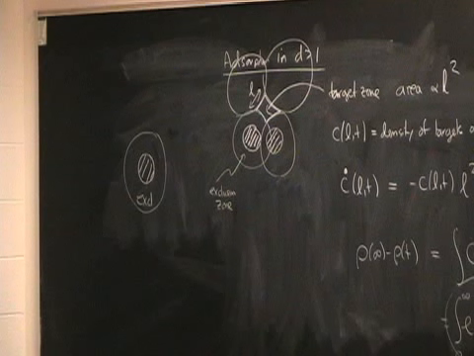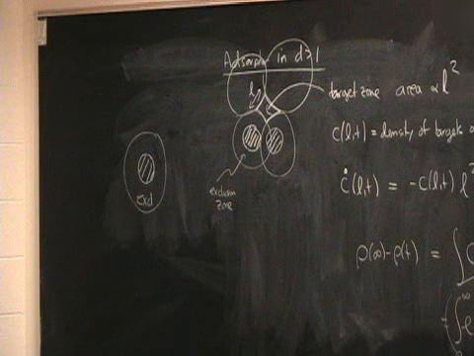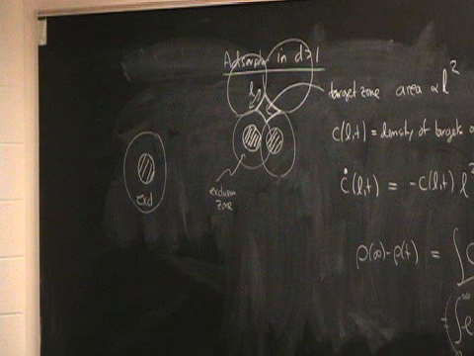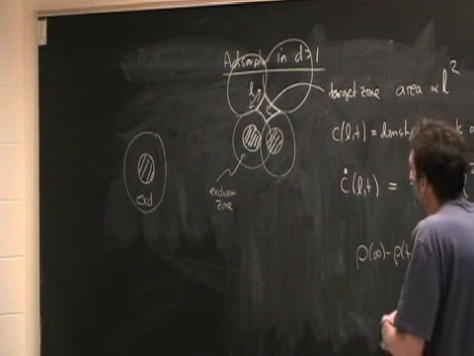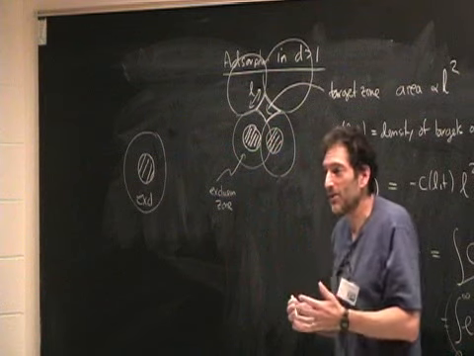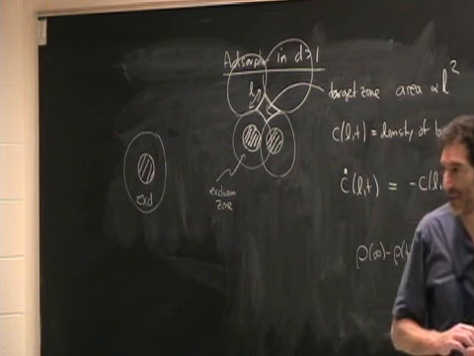You evidently don't need to worry about a gain term for your C(L,t). Is there an argument why that's irrelevant? Well, in the early stages of the process, this notion of a compact target zone doesn't make any sense because it can be very convoluted in shape. But if I'm willing to wait to the very long-time limit, then my target zones are tiny, and there's no way you can gain them, because once they're covered, they're completely covered.